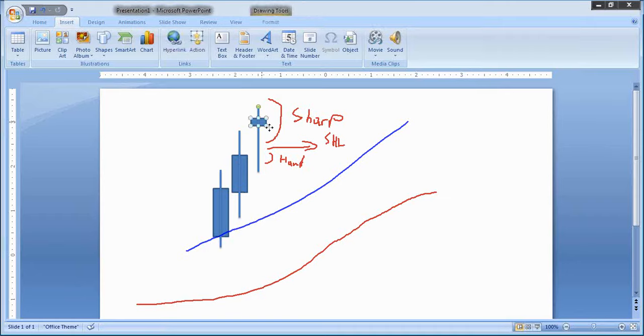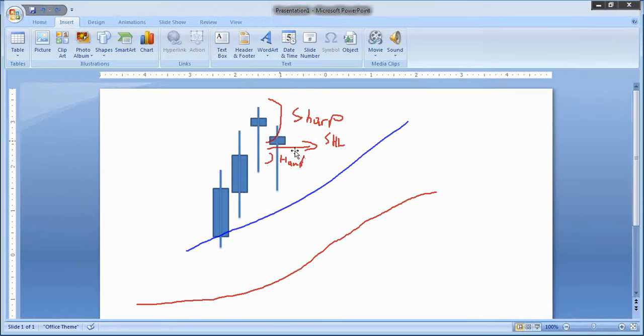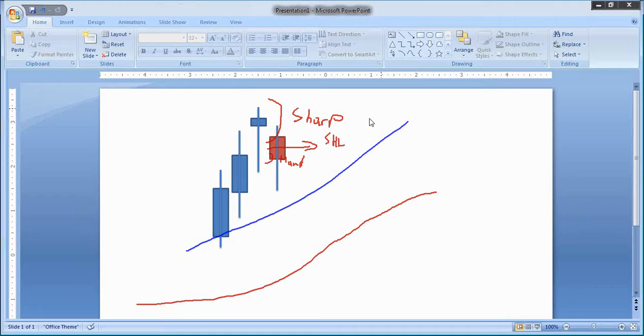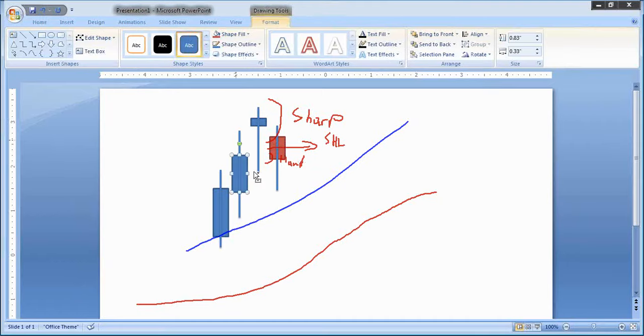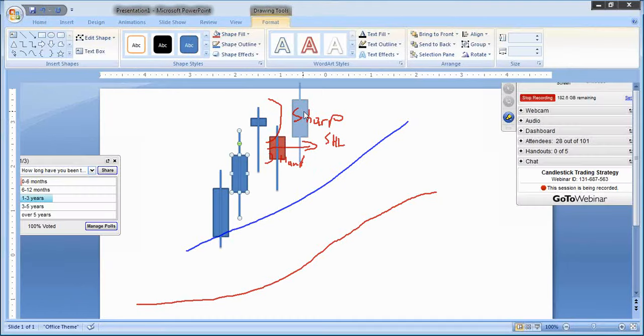Generally after this candle, you will see a small bearish candle occurring afterwards. Let me just make a different candle over here. A small bearish candle will occur like this, and the next one is of course going to be bullish, and it's going to just keep on going upwards and upwards.